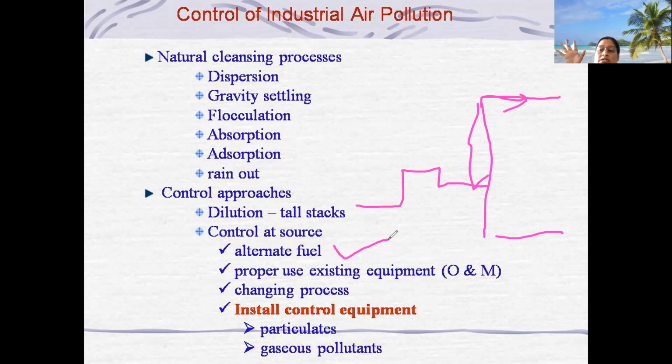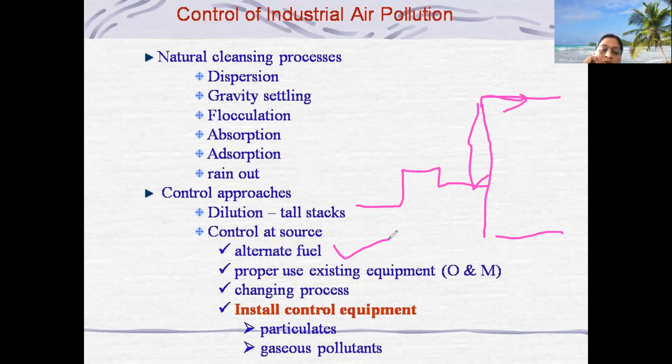If we are talking about alternate fuels, we can go for CNG, compressed natural gas, which creates a lesser amount of pollution compared to petrol and diesel. Likewise, we need to select alternate fuels to control the emission of air pollutants at the source.